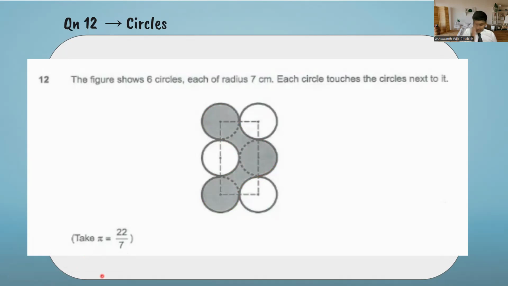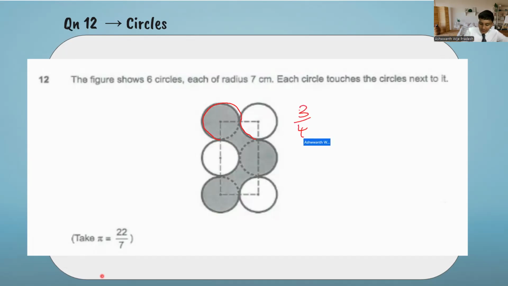So do you notice that first we have a 3/4 circle of perimeter here, and we have another 1/4 of perimeter here. So 3/4 plus 1/4 is how much? If you say it's one full circle, is correct.